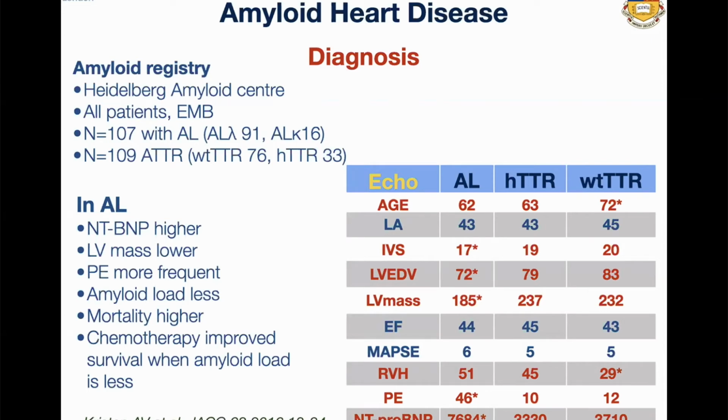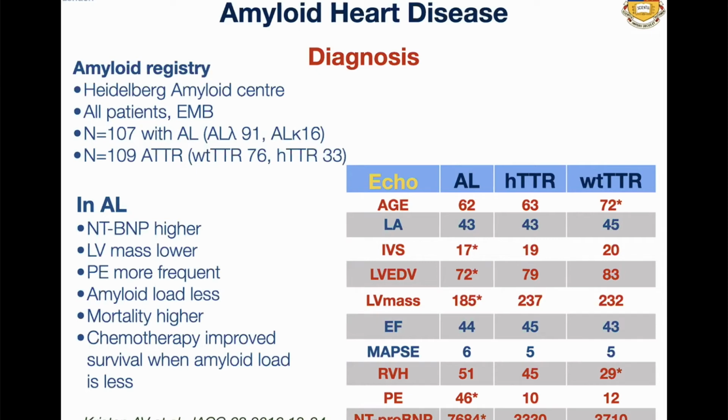The ventricular septal thickness was less than the TTR amyloidosis. The left ventricular mass was less, but there was more frequently pericardial effusion and more frequently heart failure as expressed from the NT-proBNP. So AL amyloidosis have less hypertrophy, more heart failure.